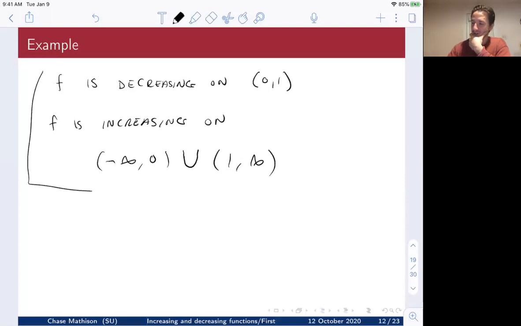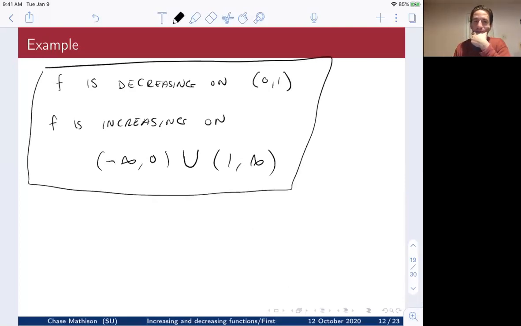This is your final answer. If you want to just write f is increasing on minus infinity to 0 and 1 to infinity, that would be fine too. For anyone who wants to be a math major, which should be all of you, you should get used to writing this U because that's going to come up in your math career quite a bit. So, any questions?